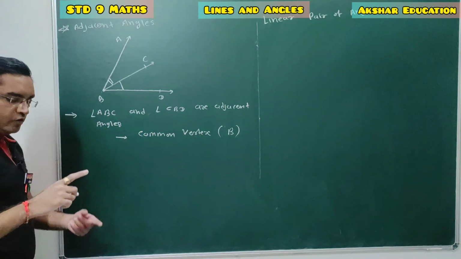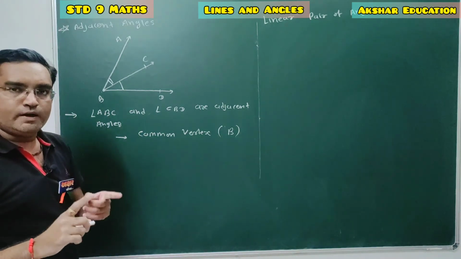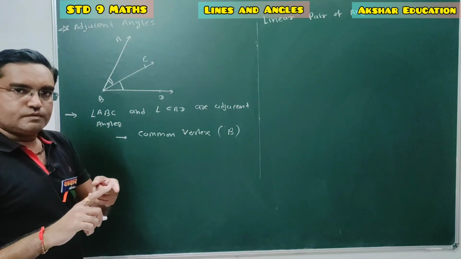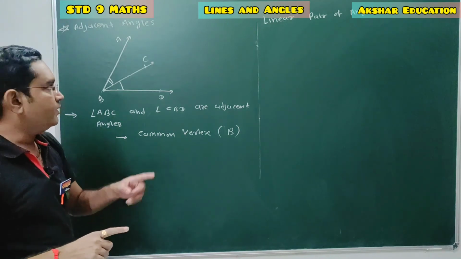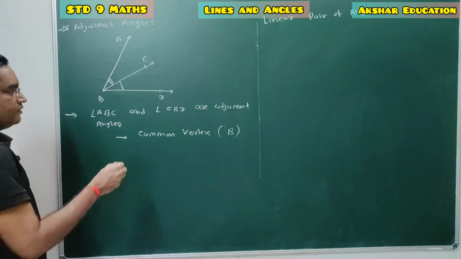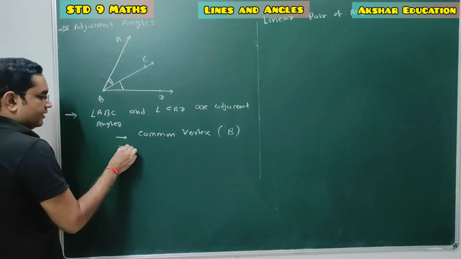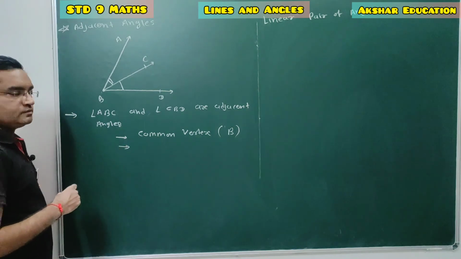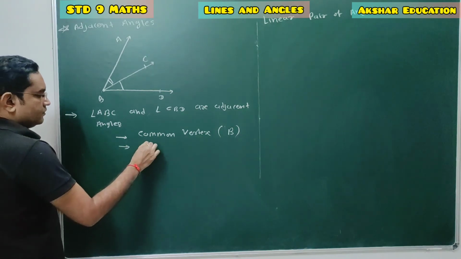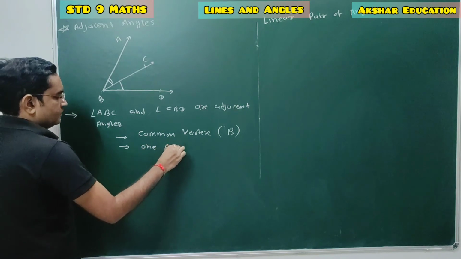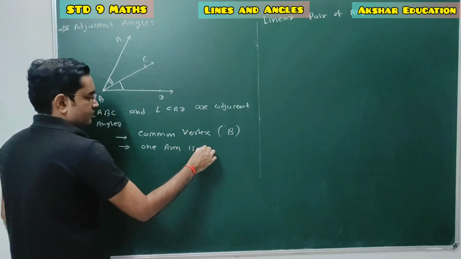First condition: for any given two angles, the angles are said to be adjacent angles if their vertex is common. So the first condition is that their vertex must be common, and one arm is common.